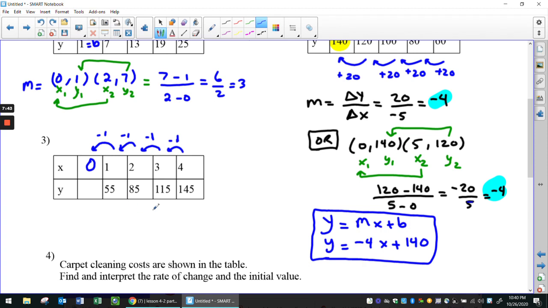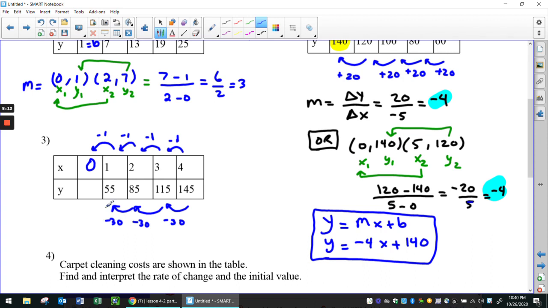Then I do the same thing, look at how the y is changing. 145 to 115 is subtracting 30, so it's going down by 30. 115 to 85, again, decreasing by 30. And 85 to 55 is decreasing by 30.